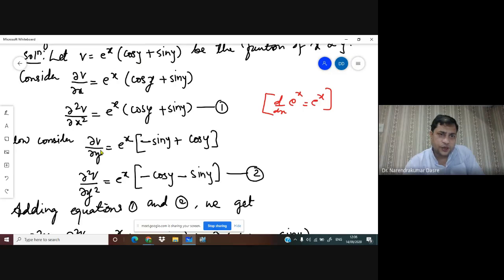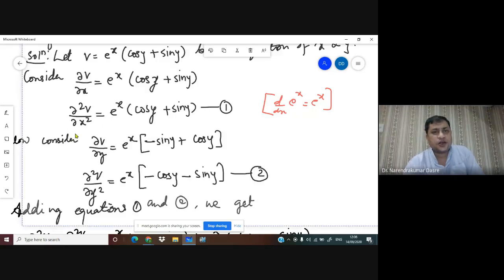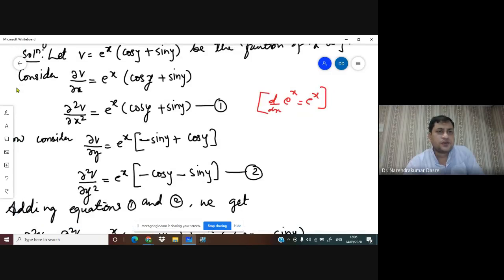In partial derivatives, we treat the other variable as a constant. Here we differentiate with respect to y, so x is treated as a constant, and what remains is the function of y. So we have to find the derivative of this term only.